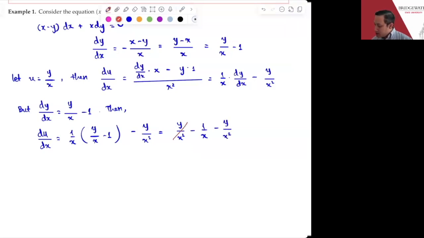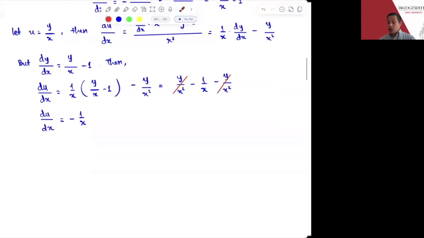Then you simplify these two terms, and you're left with just du/dx equal to negative 1 over x. All right. So starting from the given differential equation, you use a substitution, which is u equal to y over x, and you transform the original differential equation to a new differential equation. And this new differential equation is separable.